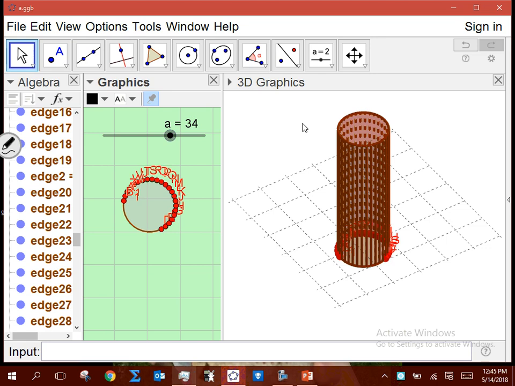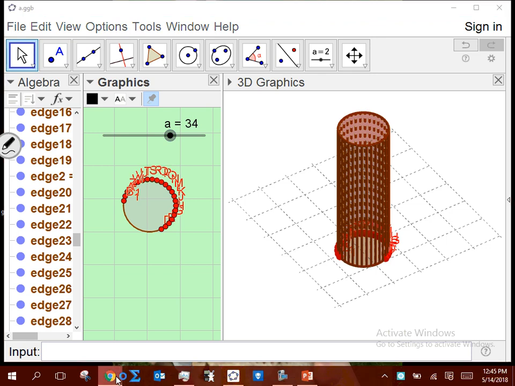No. So is the surface area going to change very much? No. So if that's the concept, that should tell us that the surface area for a cylinder is the exact same formula as the surface area for a prism.